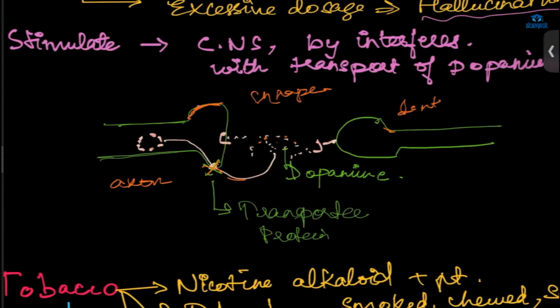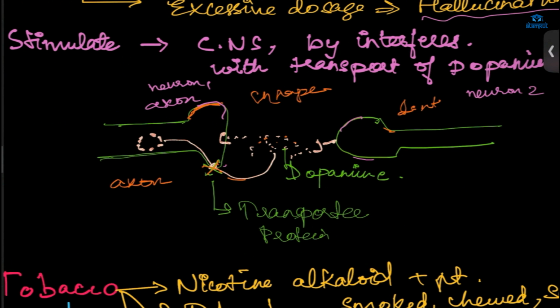And how does this happen? This is our nerve ending. We have the neuron, the axon ending. This is neuron 1, and this is neuron 2. This one is the dendrite. And we have a transporter protein, which takes up dopamine.